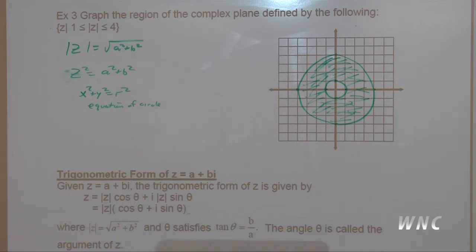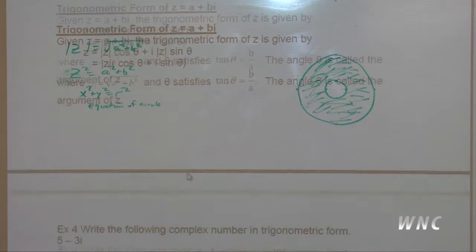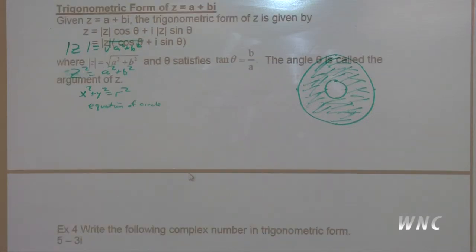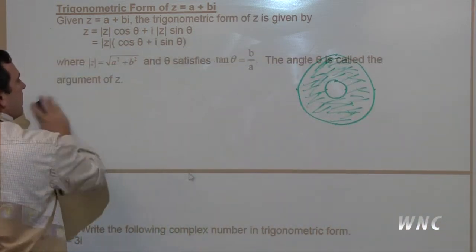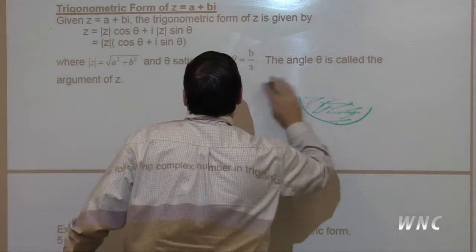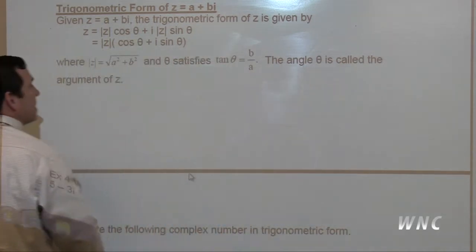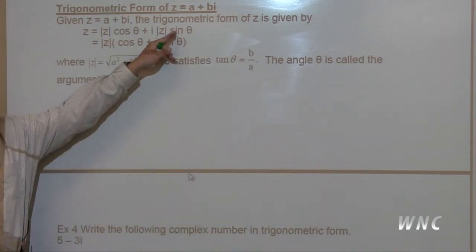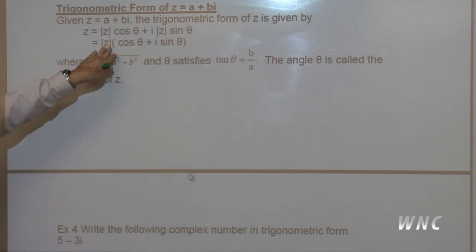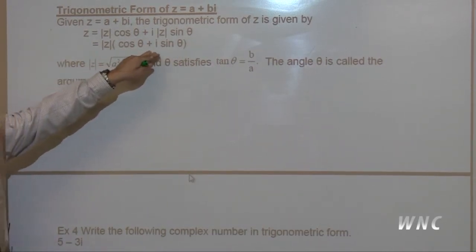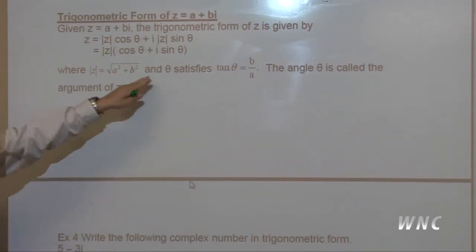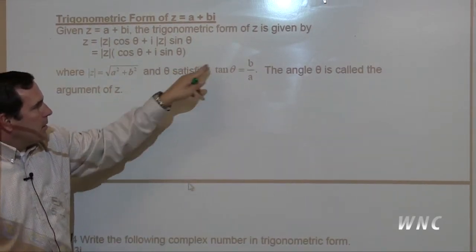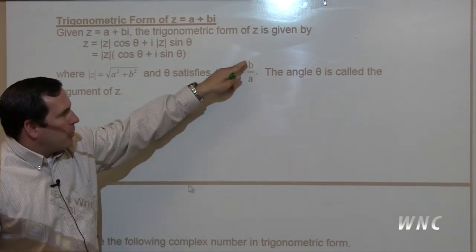So we've seen just a plus bi. We can also see there's a trigonometric form of this. If z equals a plus bi, then the trigonometric form of z is given by z is the magnitude of z times cosine theta plus i times the magnitude of z sine theta, or the magnitude of z times cosine theta plus i sine theta, where the magnitude of z is the square root of a squared plus b squared, and theta satisfies that tangent theta is b over a.